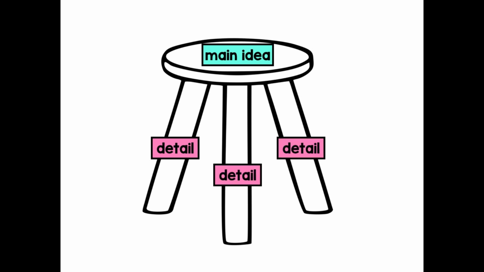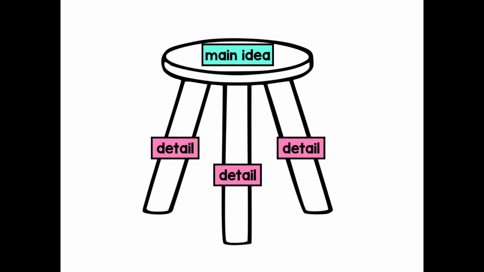So each one of these details is really important because if you didn't have those details, you would just fall right on the floor, right? Your stool would not stand up. You need to have the details so that people will believe and understand your main idea.